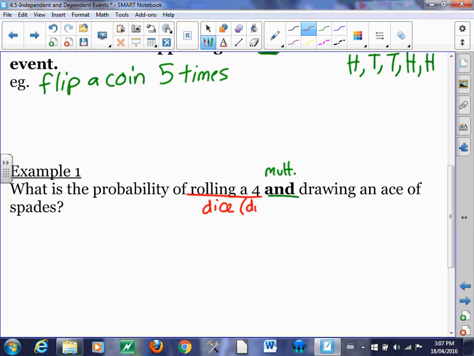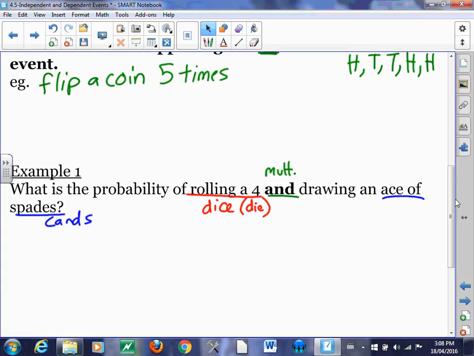You want to take a look at one of them. And an ace of spades means you also have to have what? A deck of cards. So does the outcome of rolling a die affect the outcome of drawing a card? No, because they're separate things. So this is where we're going to identify each event.